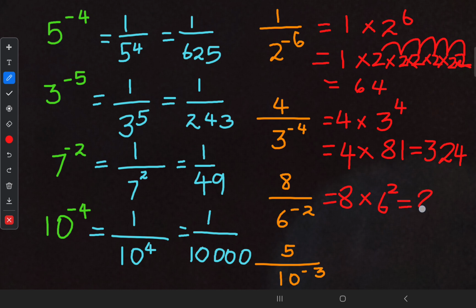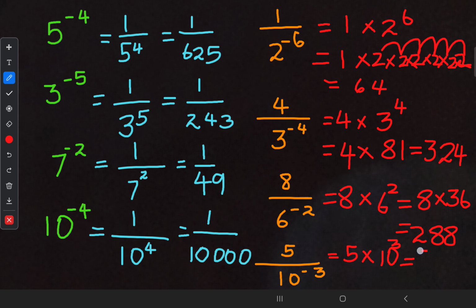So 8 into 6 to the power of 2 means 36. So 6 8s are 48 divided 4, and this is 288. Should be 280.